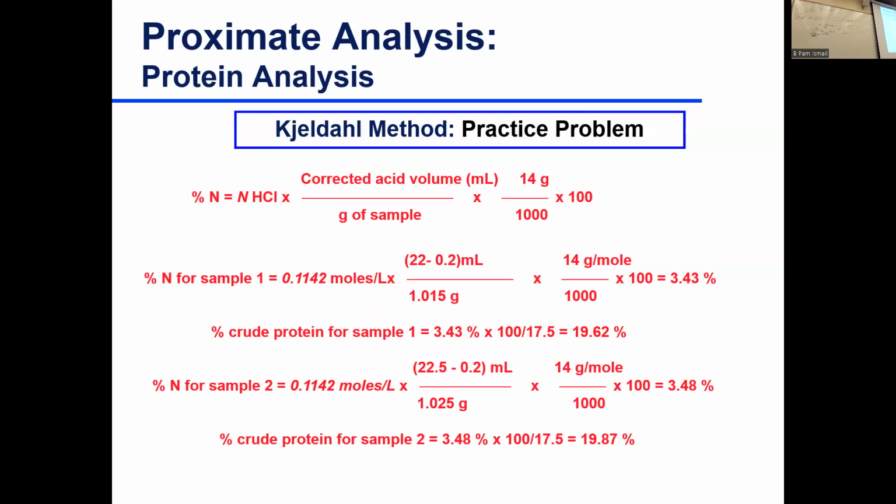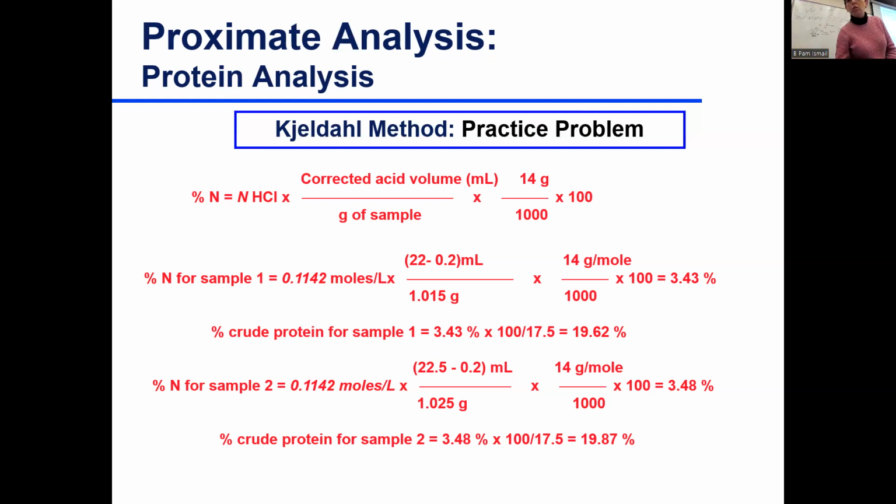So mole will cancel with this mole, the milliliter and milliliter will cancel, and you would have the grams here. You get the first one. And in this case, you are multiplying by the conversion factor, which is 100 divided by percent nitrogen. So you get 19.62. And for rep 1 and rep 2, you do the same, and then you take the average.